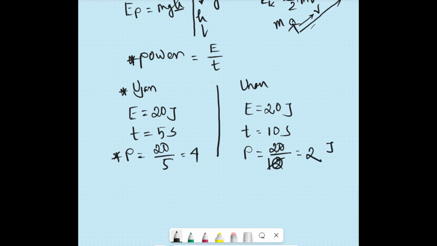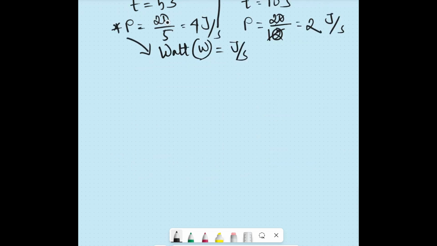So the unit will be joule per second. The very convenient and commonly used unit for power is the watt, W-A-T-T, or maybe W is fine. So 1 watt is equal to 1 joule per second. Next topic is efficiency.